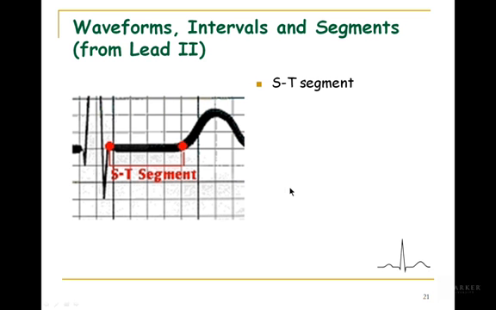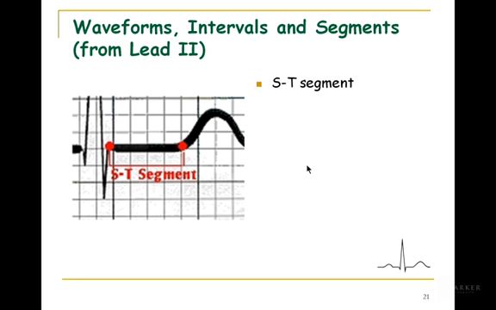That's normal variation. But if it's more than that, we're going to refer to it as an ST segment shift, or they refer to it as a current of injury. And we'll be discussing that specifically in lecture. So right now, you're allowed a little leeway there.